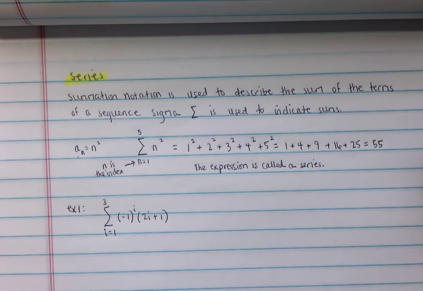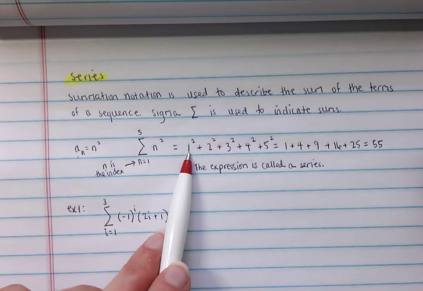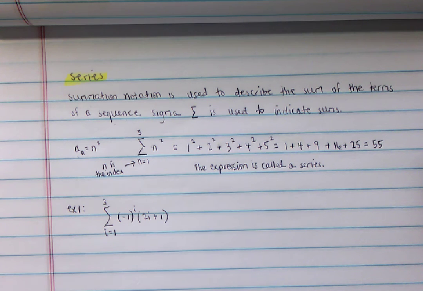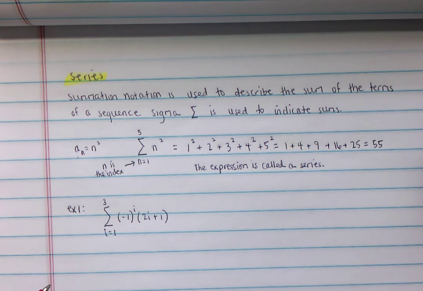We're also going to talk about, again, expressions like this. Those are called series. And again, it says the indicated sum of the terms of a sequence is called a series. This is the indicated sum. Okay, and then we'll also convert to summation notation and talk about changing the index a little bit.